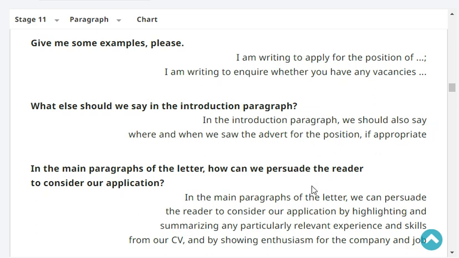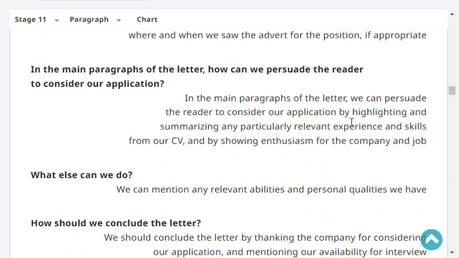In the main paragraph of the letter, how can we persuade the reader to consider our application?